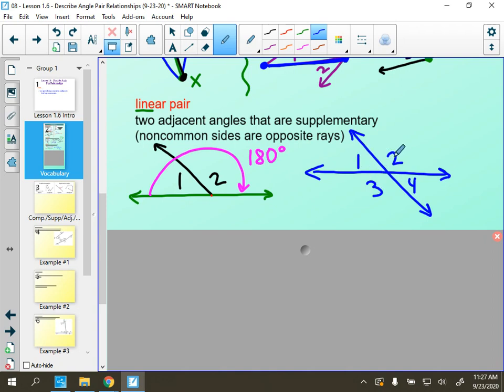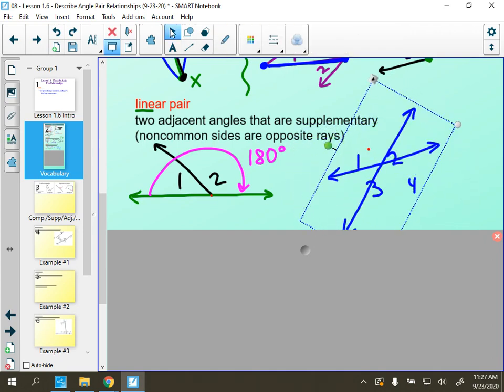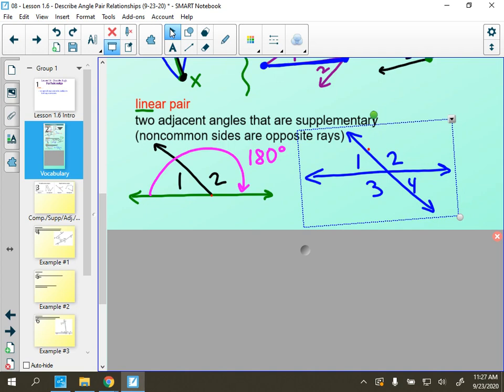I also have 2 and 4, and I also have 3 and 4. So you've got to kind of picture, we can't always just look at the top part and say, oh, yep, that's 180 degrees from there to there. That's absolutely true. But this exact same figure could get rotated and just kind of try to picture it a different way.